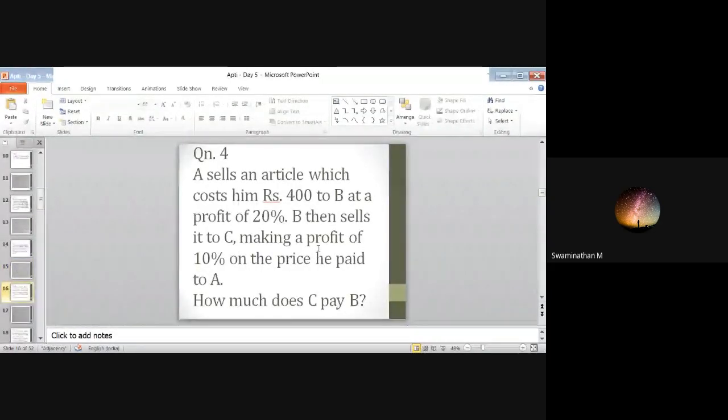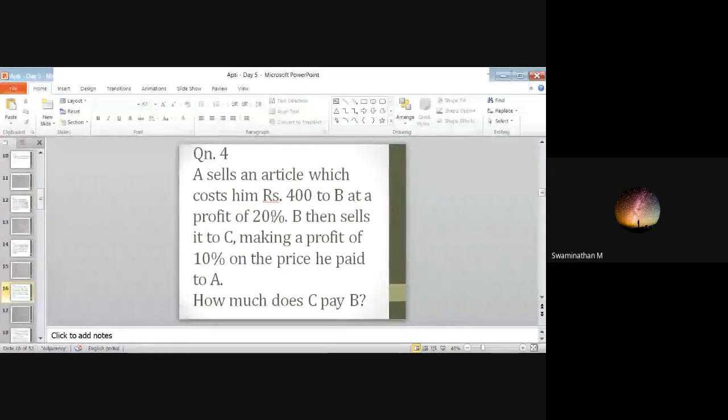A sells an article which costs him rupees 400 to B. He sells that article to B at a profit of 20%. So A buys an article for rupees 400. He is selling that article to B with a profit of 20%.